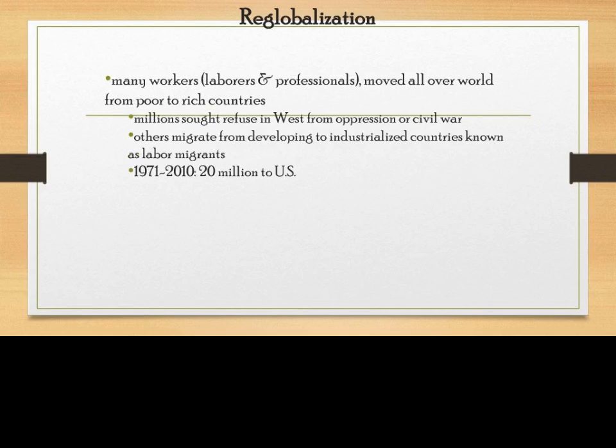Many of these workers, both laborers and professionals, came in large numbers and moved all over the world from poor countries to richer countries. Millions more people have sought refuge in the West from oppression or civil war at home, and others migrate from developing to industrialized countries, known as labor migrants. About 20 million came to the United States alone between 1971 and 2010. Those are significant numbers.